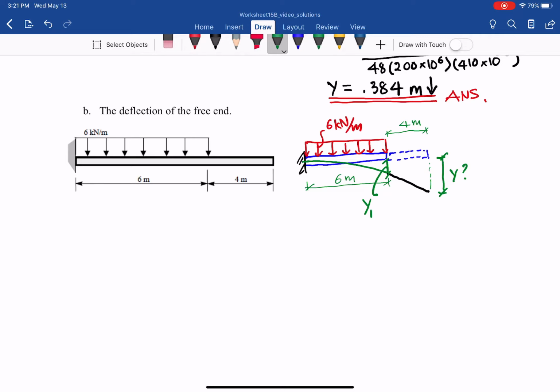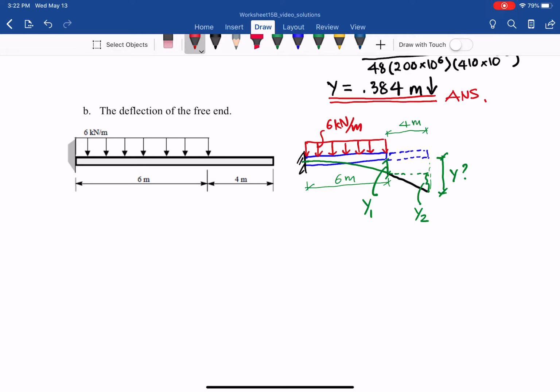If I can also find this deflection y2, then we add the two to get the deflection y that the question asks for. When there is no load on the 4 meter, the slope is constant throughout it.